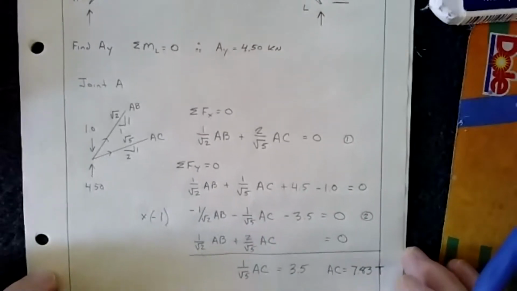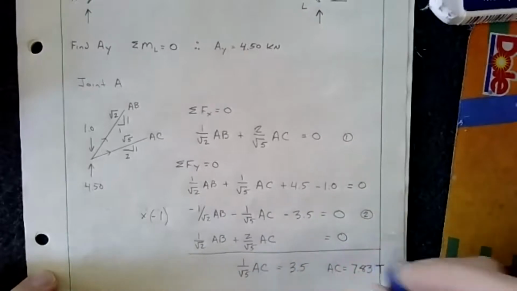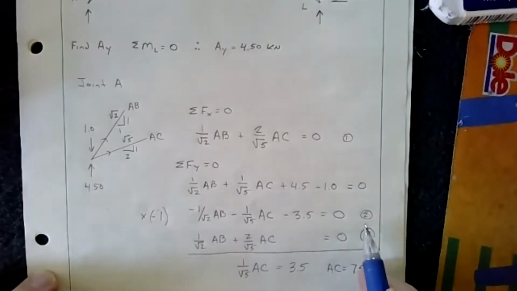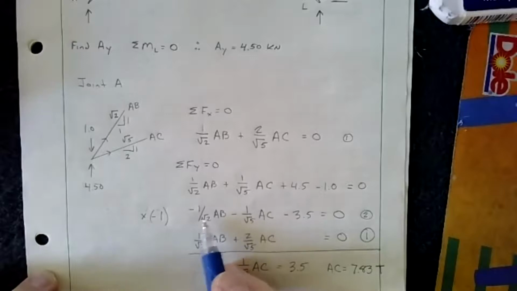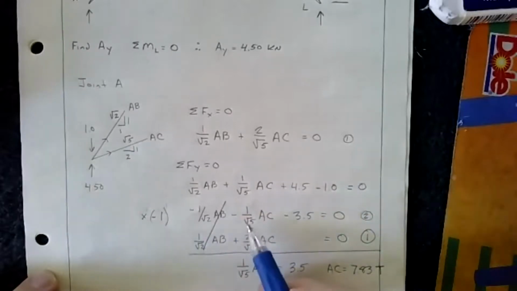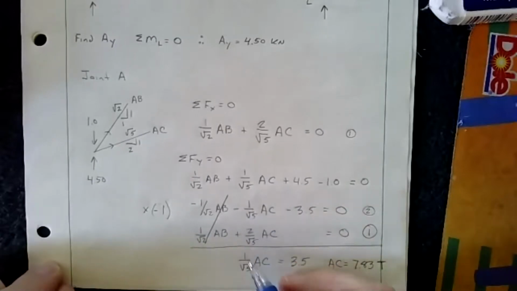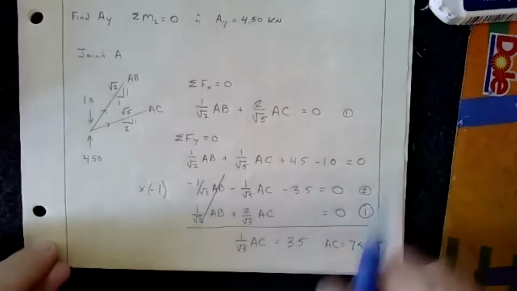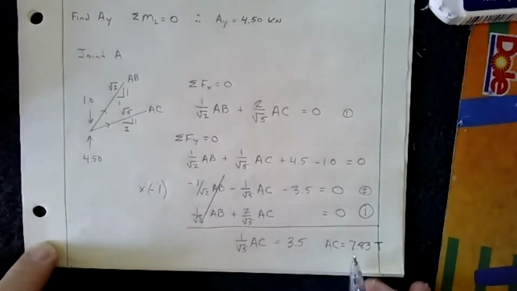If I come back and put equation 1 in here, then I have negative, positive, those drop out, and I end up with 1 over root 5 AC equals 3.5, which gives me AC equals 7.83 kilonewtons in tension.